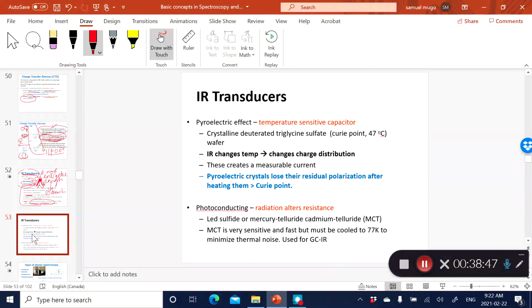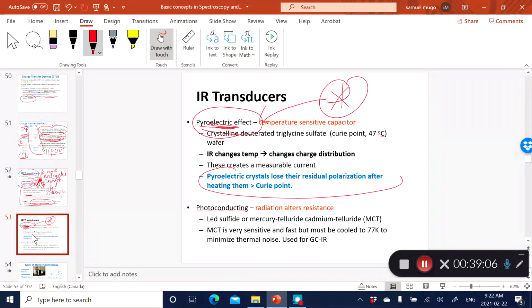Now, the other type of detector is what you refer to as pyroelectric detectors, which are based on an effect that I would like you to really understand, because it's very prevalent out there. It depends on the pyroelectric effect, which is based on materials that change polarity if you induce them with pressure, temperature, or any form of strain.